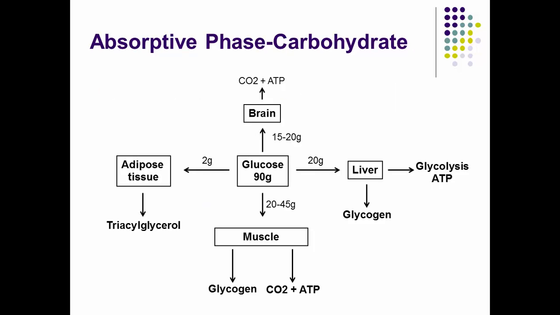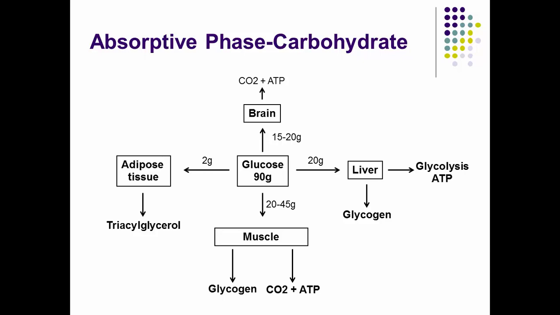Okay, so here is this diagram to show you how dietary glucose is distributed into different tissues and metabolized in different tissues. In the absorptive phase, meaning just 2 to 3 hours after we eat, all this glucose is immediately distributed into the different tissues.